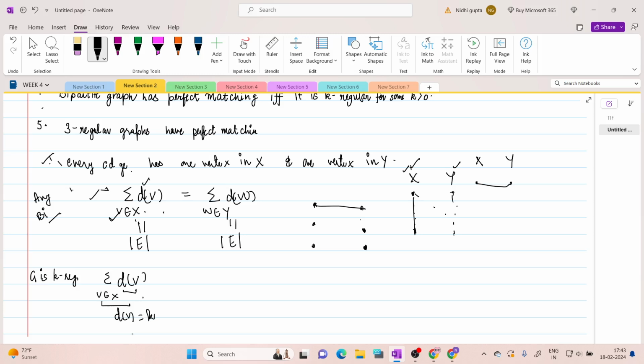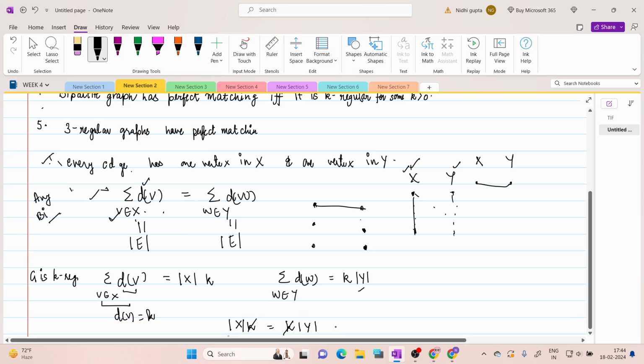So the sum is equal to |X| times k, and the RHS is k times |Y|, where |X| or |Y| means the size of X. We know that LHS is equal to RHS, so |X| k equals k |Y|. The k cancels with k, and we get that |X| is equal to |Y|. And this is what we were requiring.